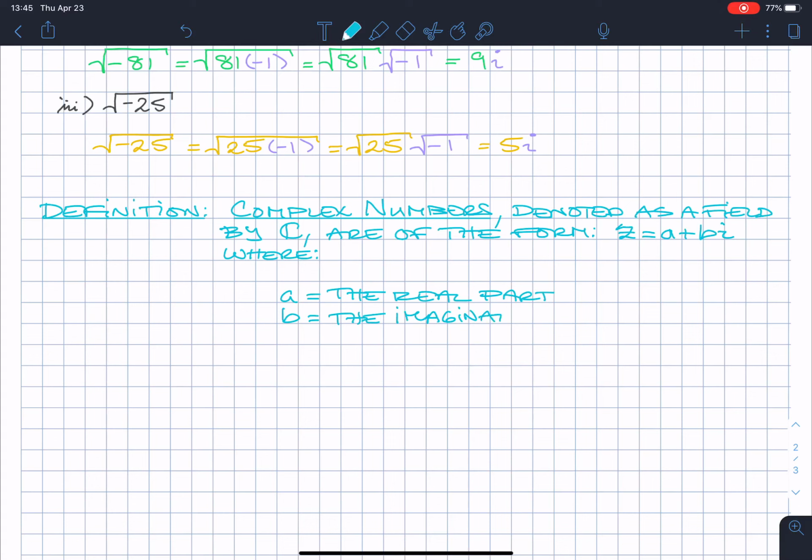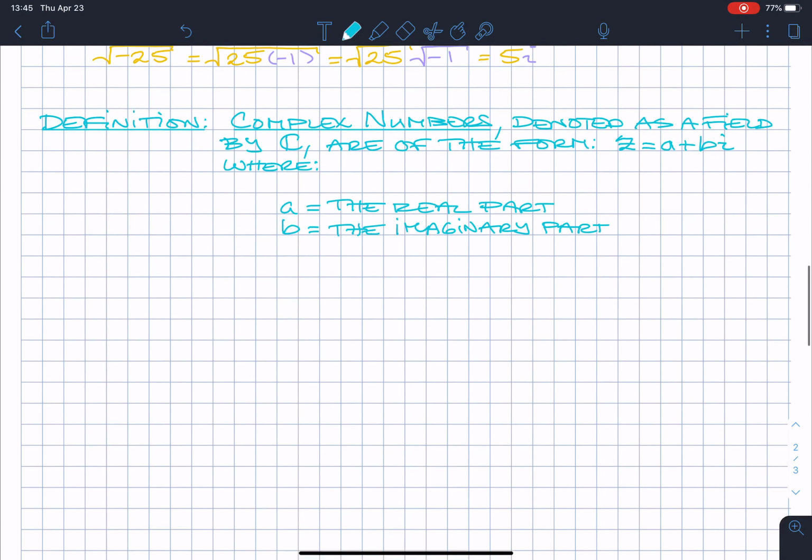So these are the coefficients of each part. We have one real part and one imaginary part.